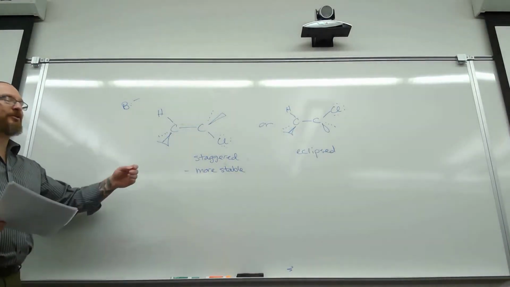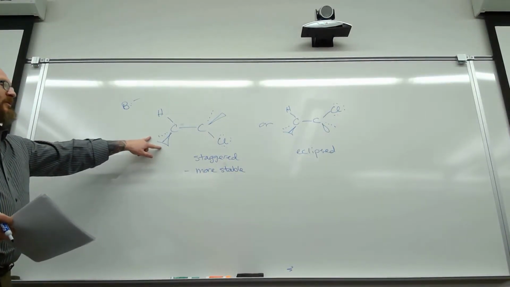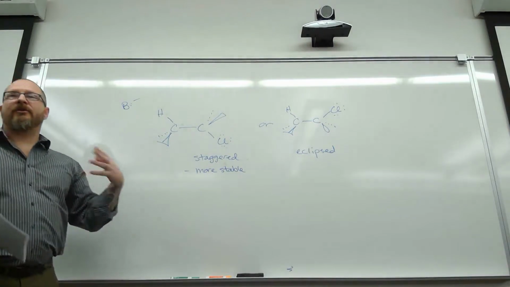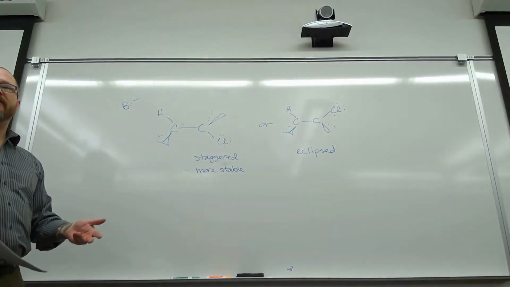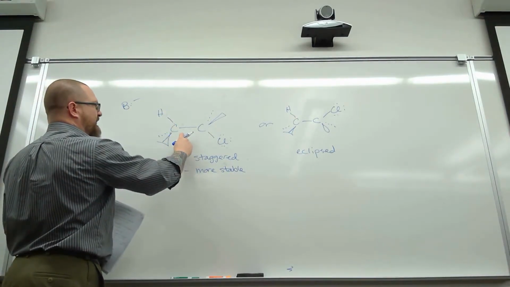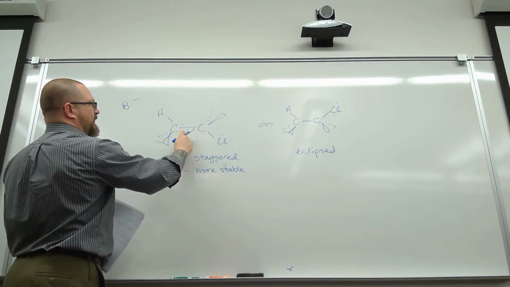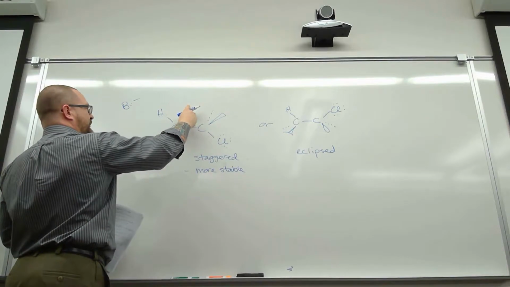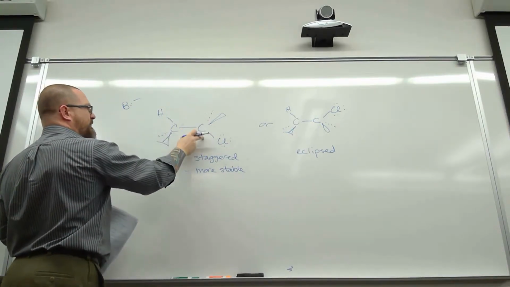It's not because of steric issues in this particular case. I mean, there could be some steric issues if we had large bulky groups here, but just generically, we can say it's because of the hyperconjugation, where we have our bonding orbitals and our antibonding orbitals here, bonding orbitals, antibonding orbitals here, so we get that overlap between the bonding and antibonding on both sides.